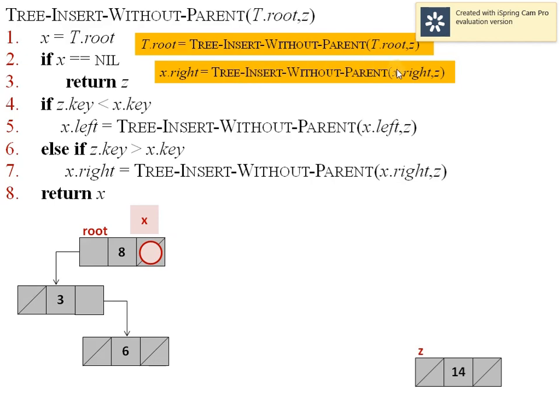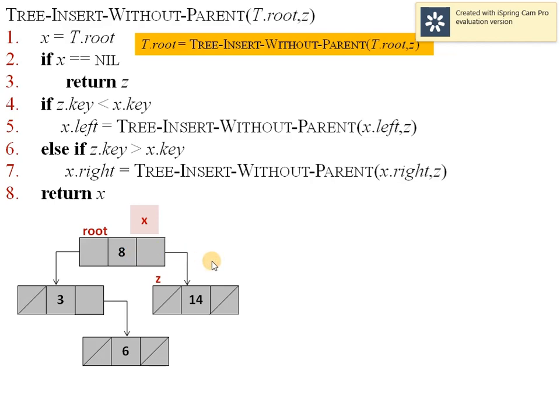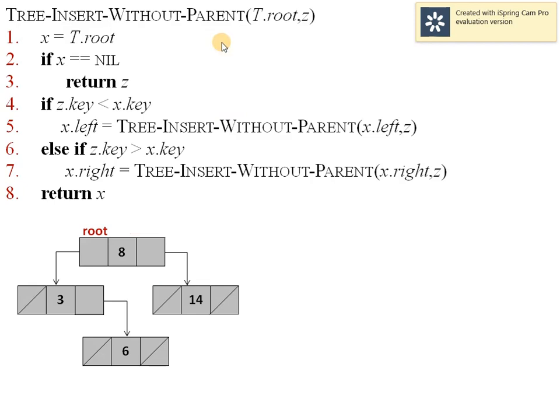By this statement we are updating x dot right by calling the function with the values null comma z. So line number 2 will give us true and it will return the node z. Accordingly, the structure of the binary search tree will get updated to this. The 14 node will be inserted as right of 8. Now this function is completed. Again this root node is also completed, and that's it.